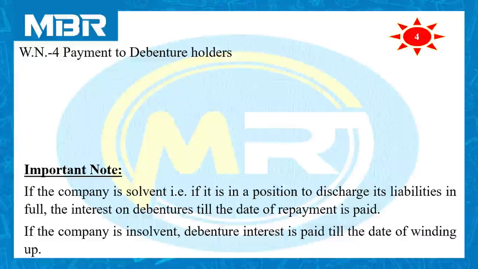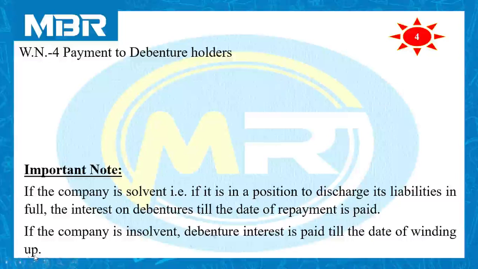If the company is solvent, solvent means financially sound, financially stable. If the company is solvent, that is, if it is in a position to discharge its liabilities in full, the interest on debentures till the date of repayment is paid.